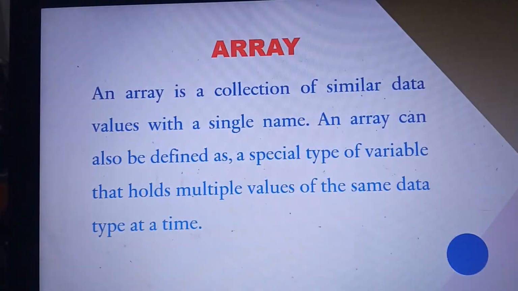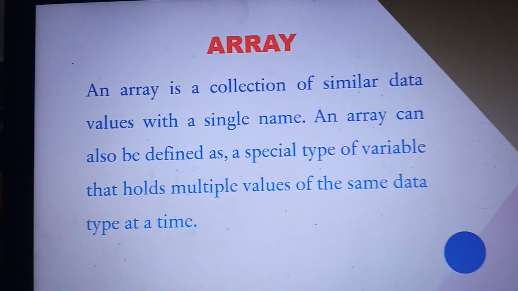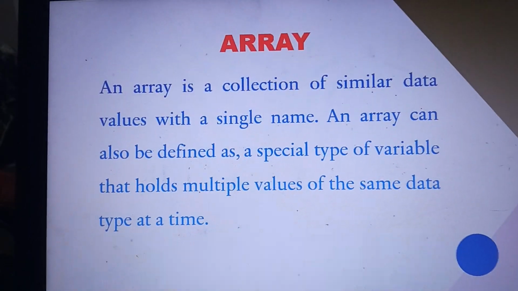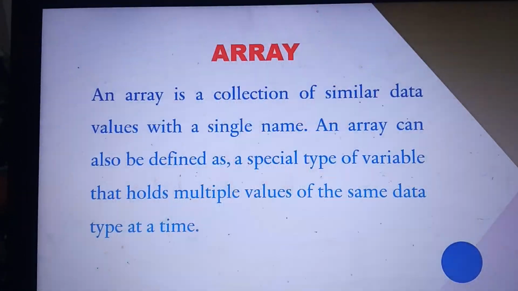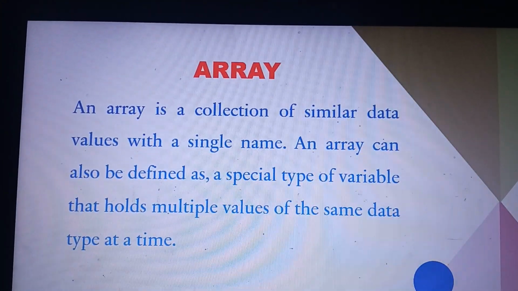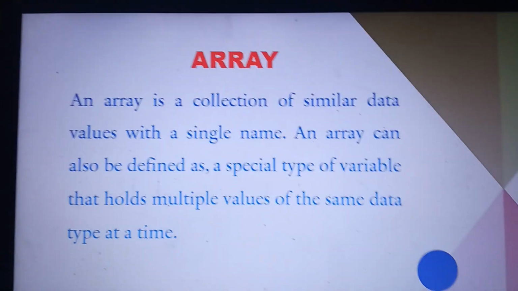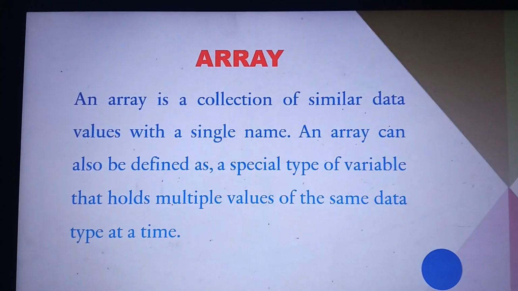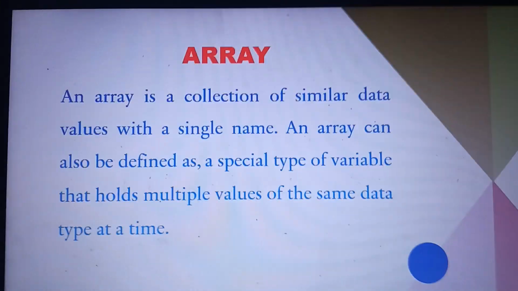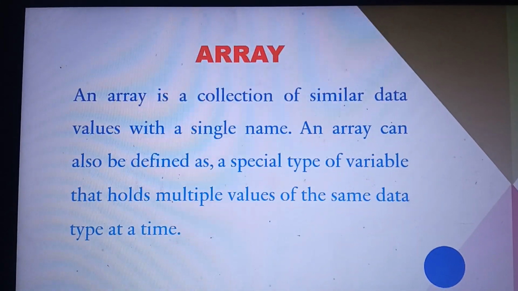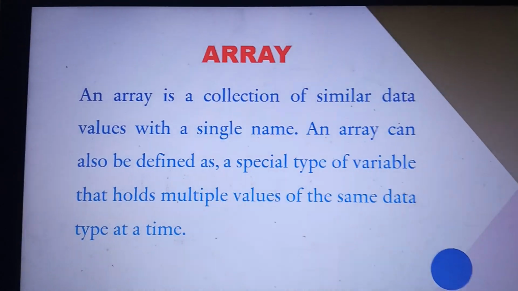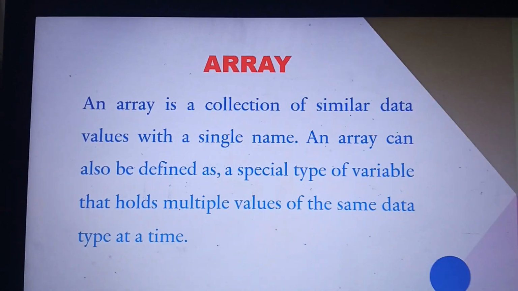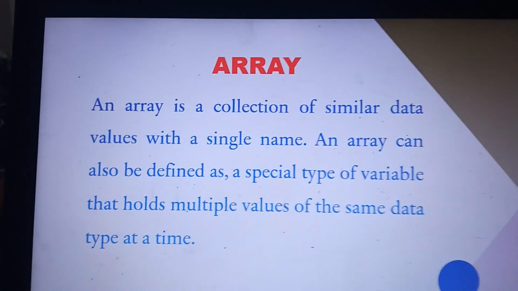An array can also be defined as a special type of variable that holds multiple values of the same data type. Once we find where the first value is stored, automatically the remaining values, which are stored in the same sequence with internal links, can be found very easily in the memory location.